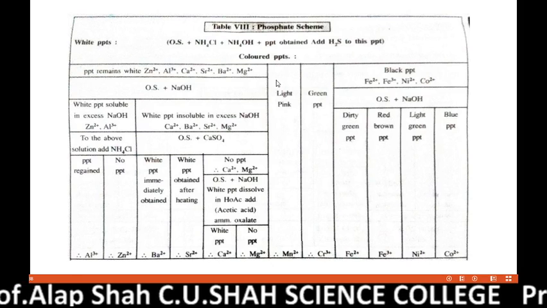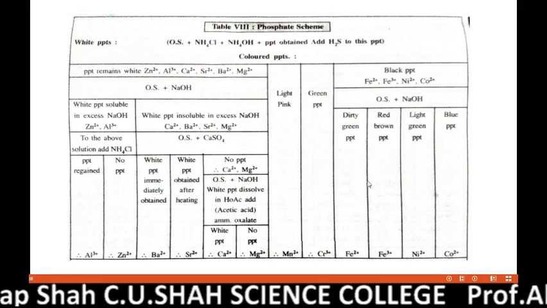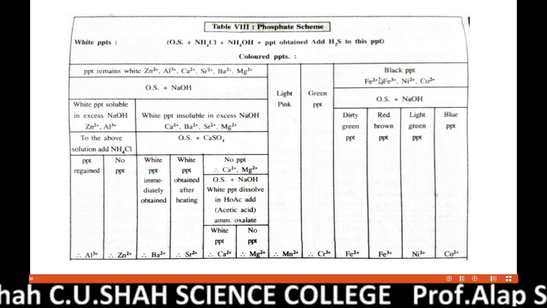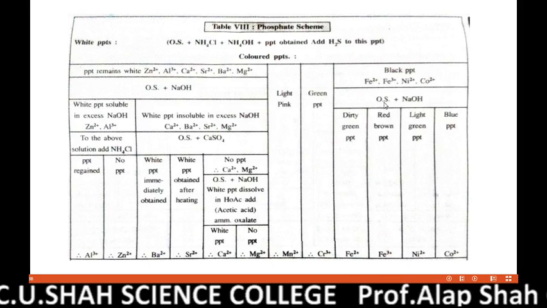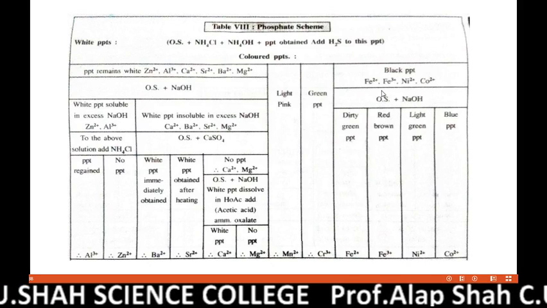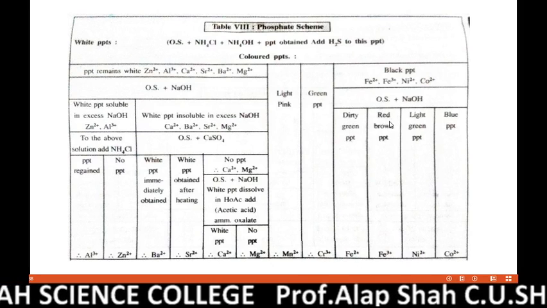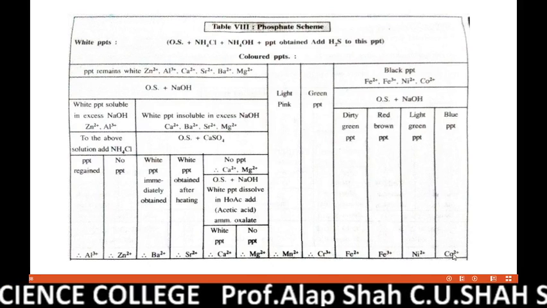If you get light pink color, it is indicating Mn; green PPT, chromium; and black PPT, then these four can be present. Suppose you get a black PPT, then you should carry out further separation, OS plus NaOH. Dirty green PPT is ferrous, red brown is ferric, light green is nickel, blue PPT is cobalt.